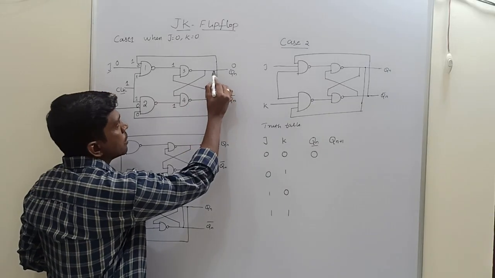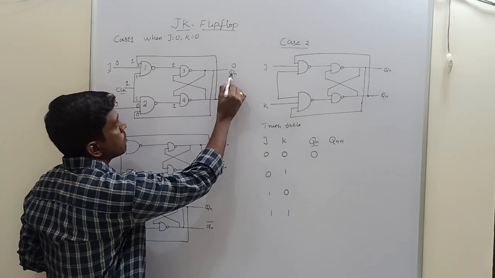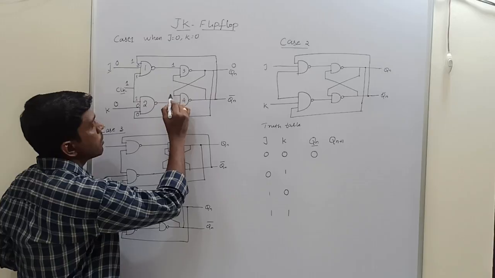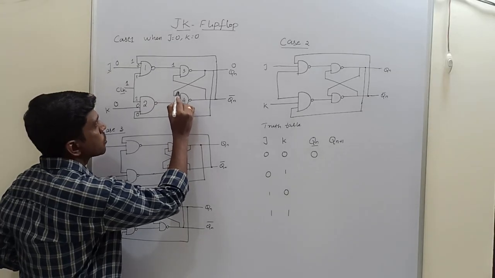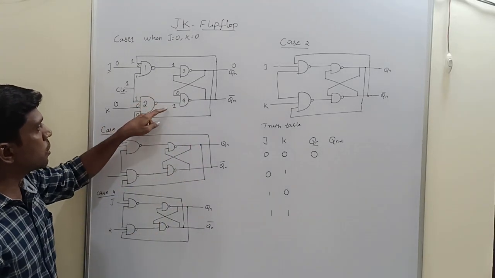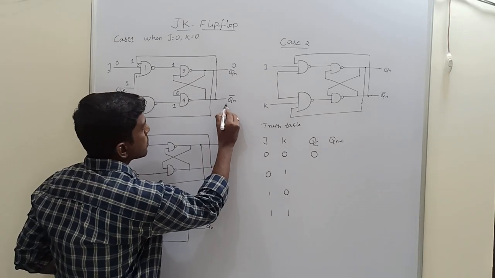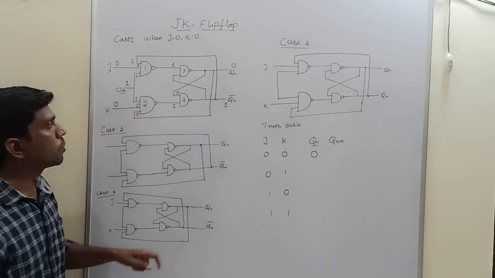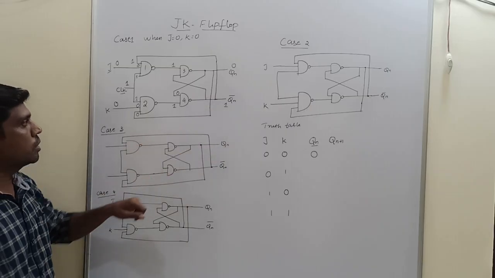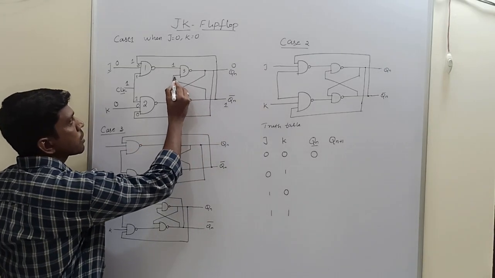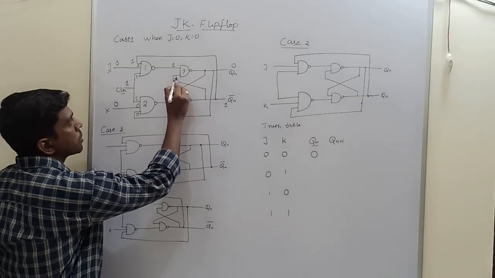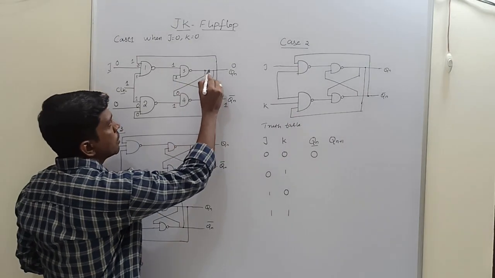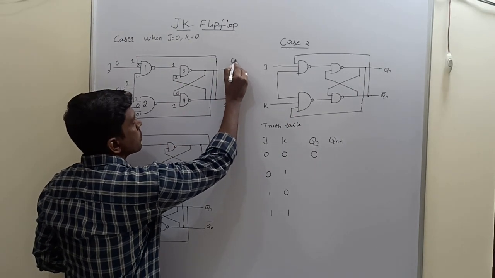Now the Qn value is 0. This value is fed back to the input of the fourth NAND gate. So with inputs 0 and 1, the output is 1, so Qn bar value is 1. This 1 is fed back to the third NAND gate input. So 1 1, this value is 0.